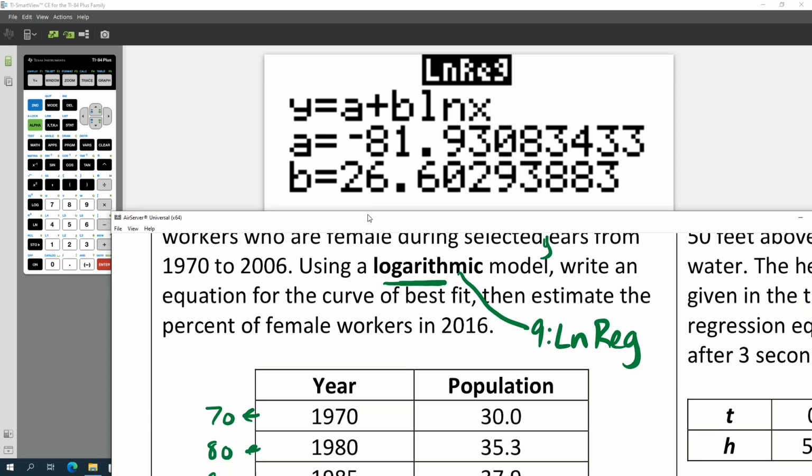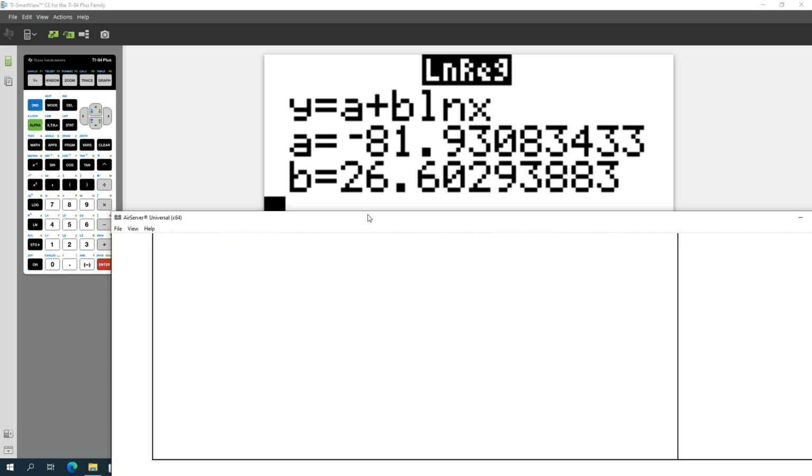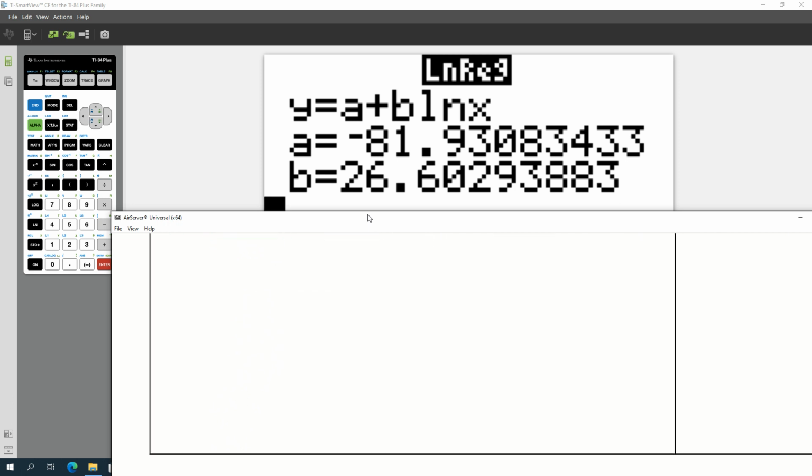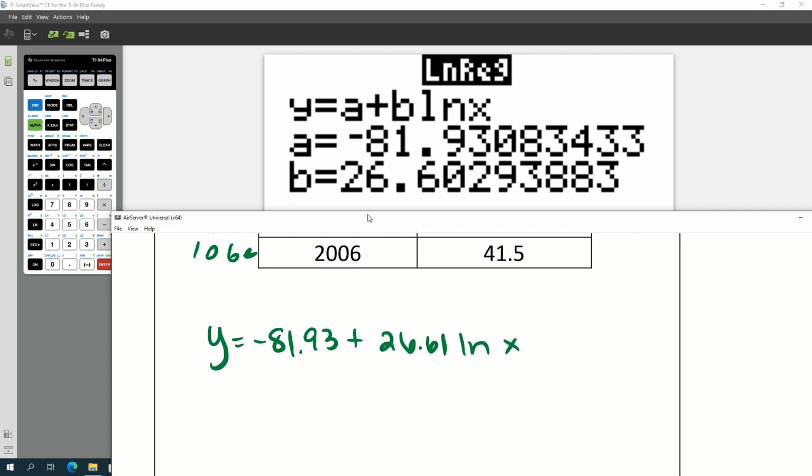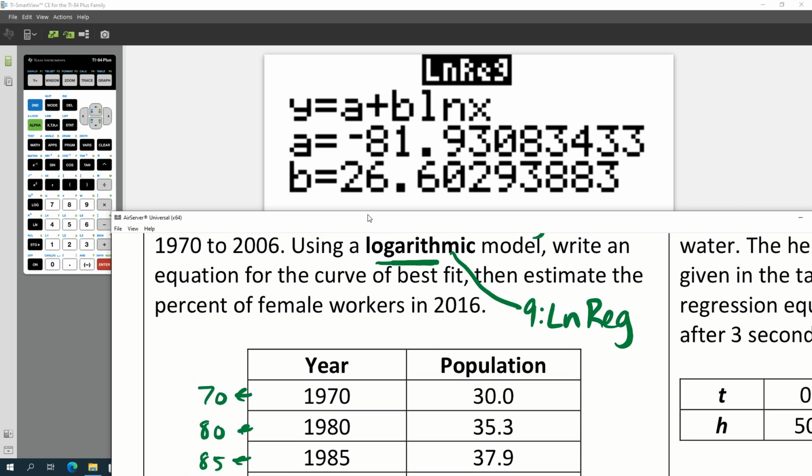And then it tells us the base model, and then it tells us what to put in for A and what to put in for B. I think there's more to this problem than just the equation.